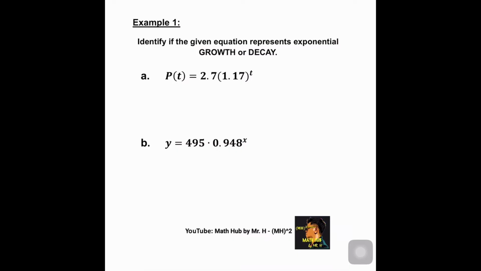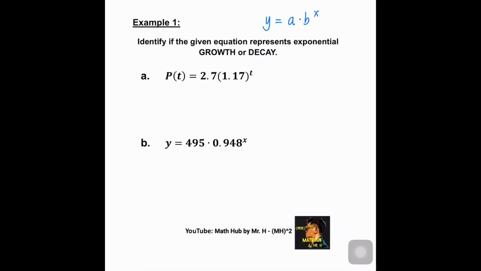Identify if the given equation represents exponential growth or decay. For this set of examples, we need to remember how an exponential function is modeled: y equals a times b to the power of x.